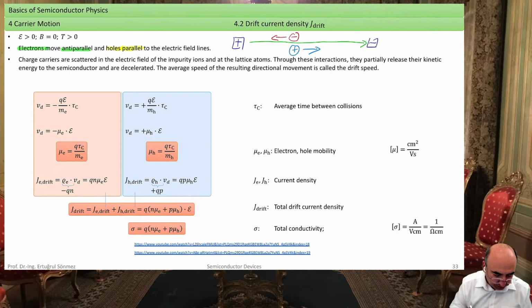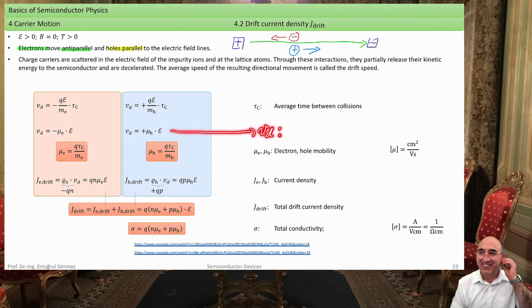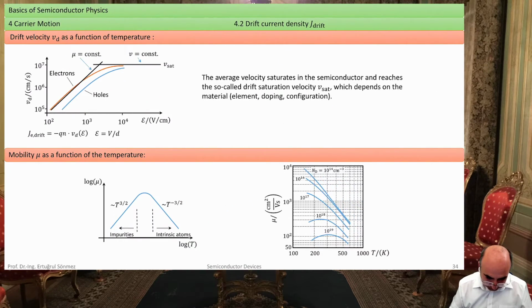Drift, it is within the drift current density. Oh, here. It's missing. I have deleted too much. It's the mean value of the drift speed, the drift velocity.